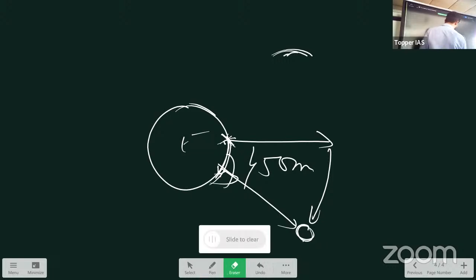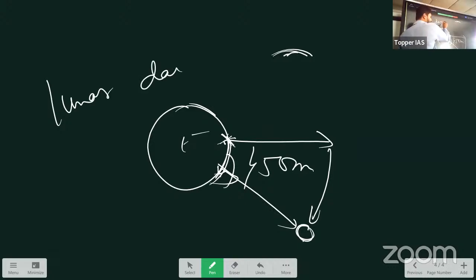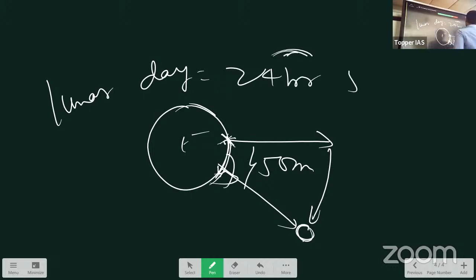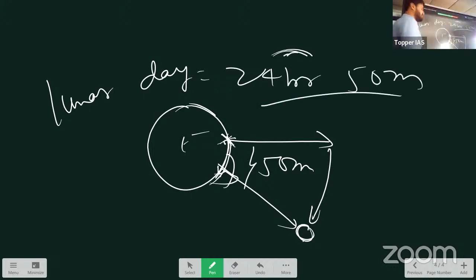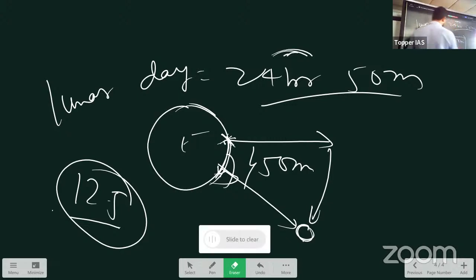So the total revolution is called the lunar day. What is this called? Lunar day. Solar day is 24 hours. Lunar day is 24 hours, 50 minutes. So now divide it by 4. 50 divided by 4 is 12.5, right? So the time difference between high tide and low tide is 6 hours, 12.5 minutes.